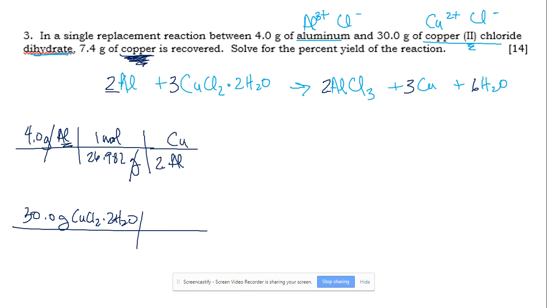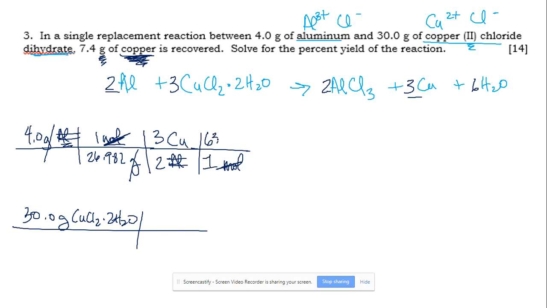Aluminum's number is 2. Copper's number is 3. So now aluminum is gone. I have moles of copper. I don't want moles of copper. I need grams of copper. And so I'm going to put my moles on the bottom so that they go away. Moles on top, moles on bottom go away. How many grams in 1 mole of copper according to our handy dandy periodic table?